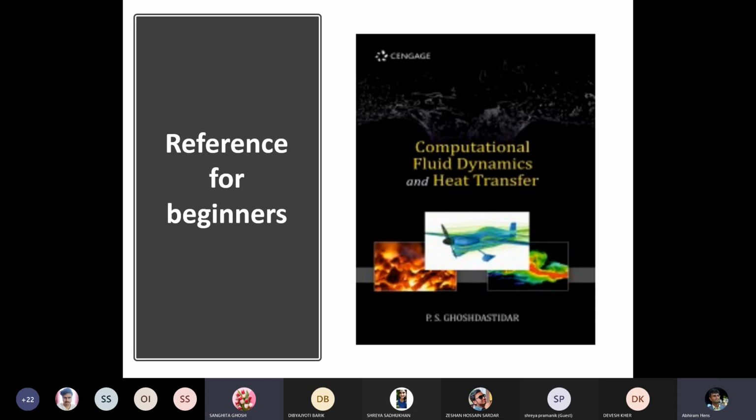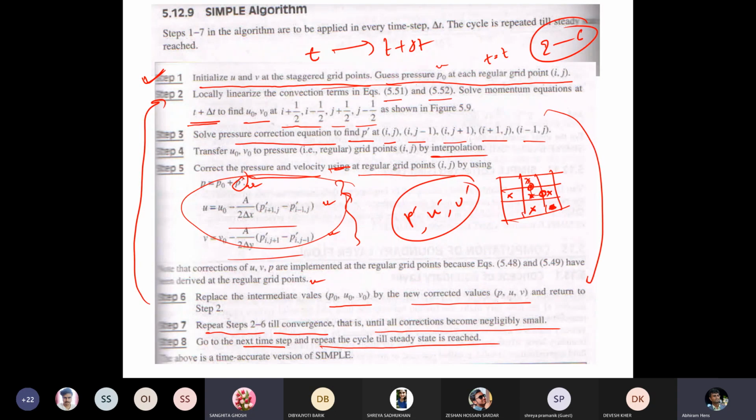Otherwise there is no doubt about CFD books, many authors have written them. One of the fundamental books is Patankar's book, which is very famous. You can take any book and study step by step to understand. Those who are new, mostly undergraduate students, may find a little bit of difficulty, but don't get worried.